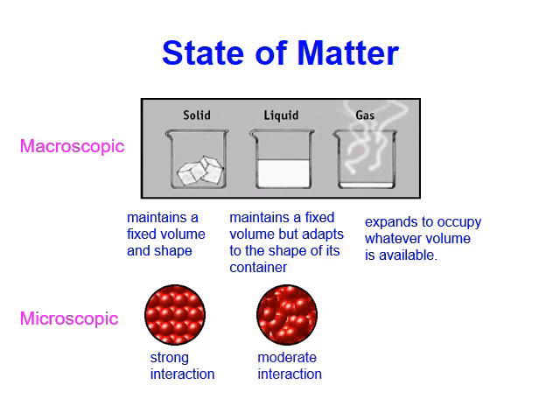In liquid, the atoms or molecules have moderate intermolecular interaction, and therefore the volume cannot change. But the molecules or atoms can move relative to each other, and therefore the shape can change. In gas phase, molecules are far away from each other, and so the interaction is weak. And therefore, the atoms or molecules can move or occupy whatever volume is available.